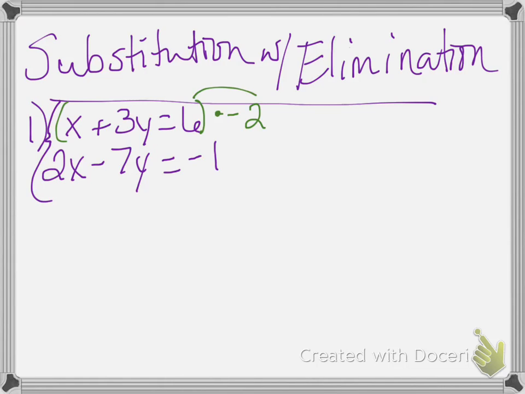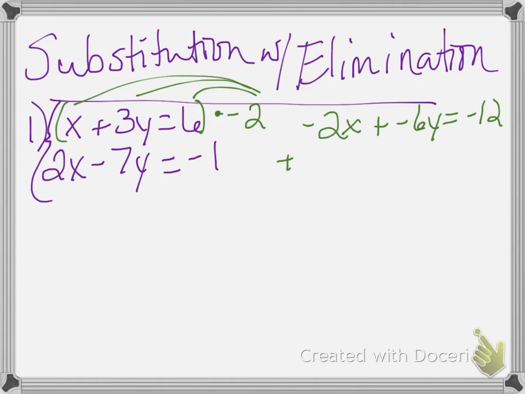Okay, so now I'm going to distribute -2 to everything. So my new equation will be -2x plus -6y equals -12. Very good. And I'm going to add that to my equation that I have here, plus -7y equals -1. Oh, by the way, I did KCO over here.